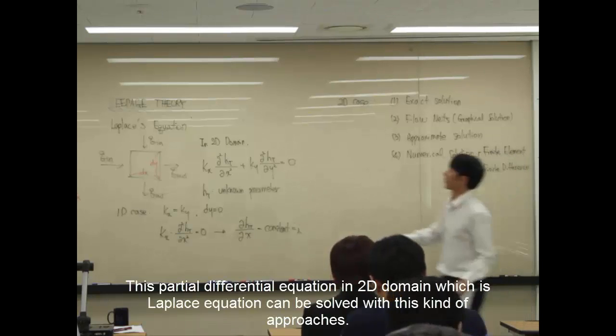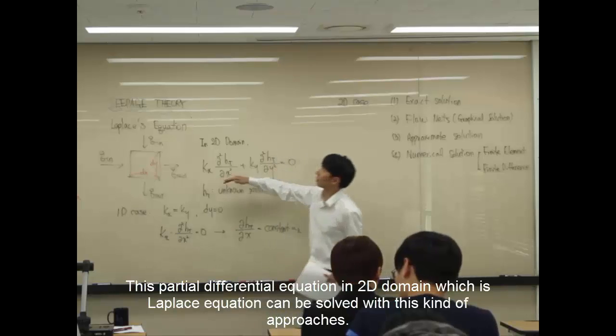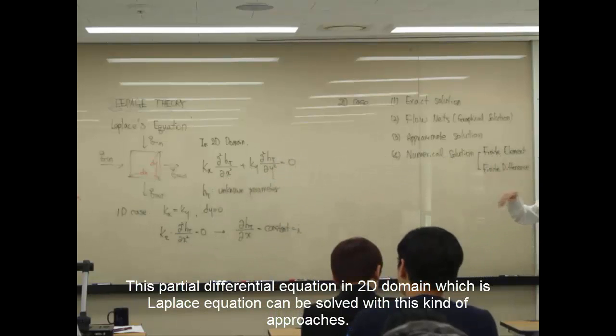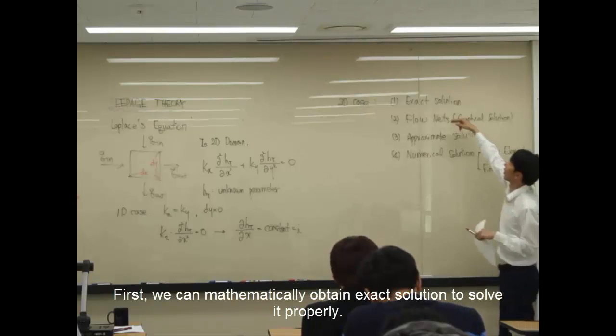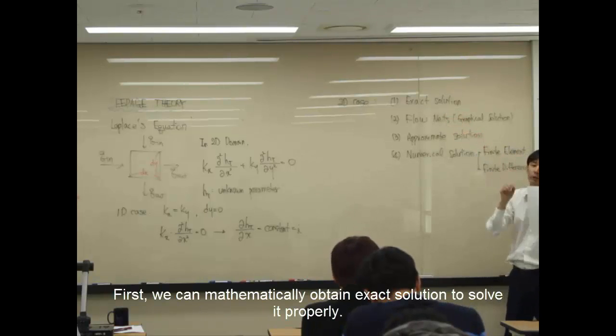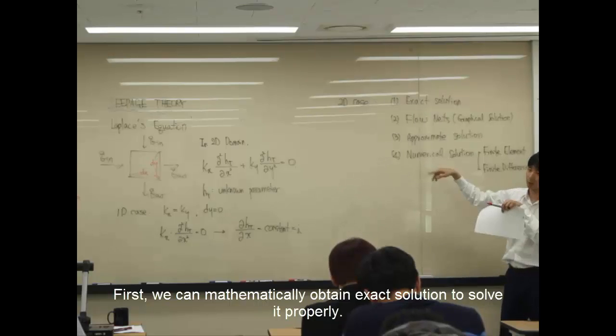So this partial differential equation in a 2D domain, which is the Laplace equation, can be solved with these kinds of approaches. First, we can mathematically obtain the exact solution to solve it properly.